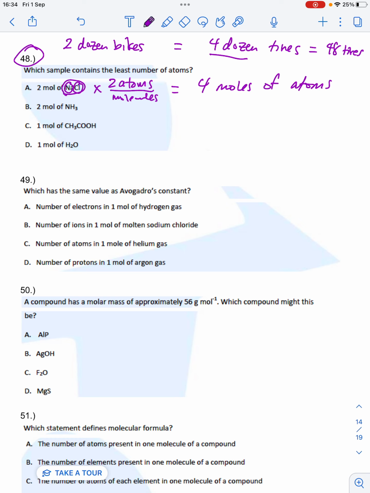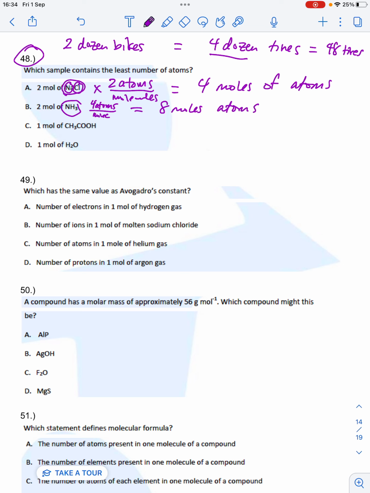Okay, let me keep going to show you what I mean. In this one, in NH3, there are 4 atoms, 1 N and 3 H's. So in this one, there's 4 atoms per every molecule. That's our ratio. And I've got 2 moles, and times 4 atoms per 1, that means I've got 8 moles of atoms.